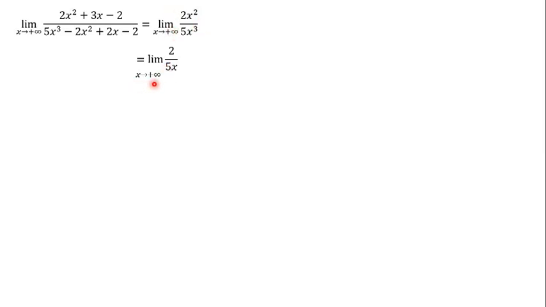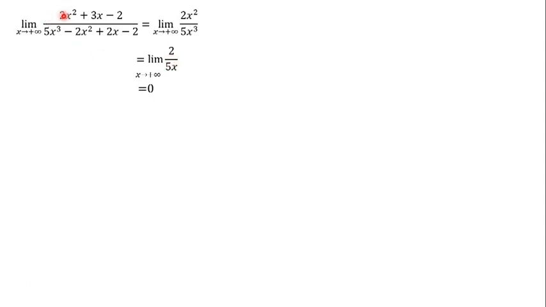Now the limit as x tends towards positive infinity will simply be 2 divided by 5 times positive infinity. 5 times positive infinity is still positive infinity. So 2 divided by infinity gives us 0.